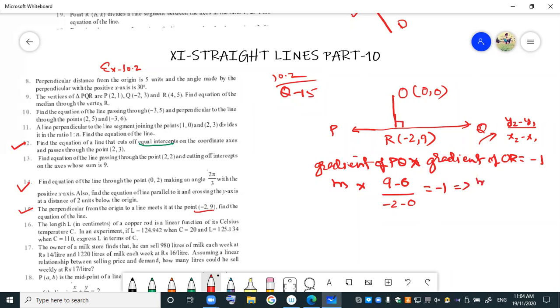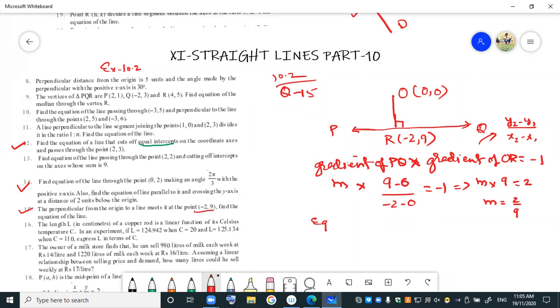The 9 by -2 goes to the right side and becomes 2 by 9, so m will be equal to 2 by 9. This is the gradient of PQ, and it is passing through this point.